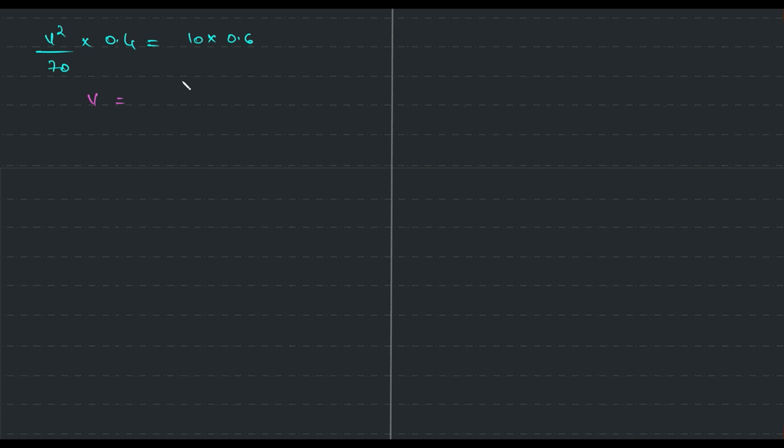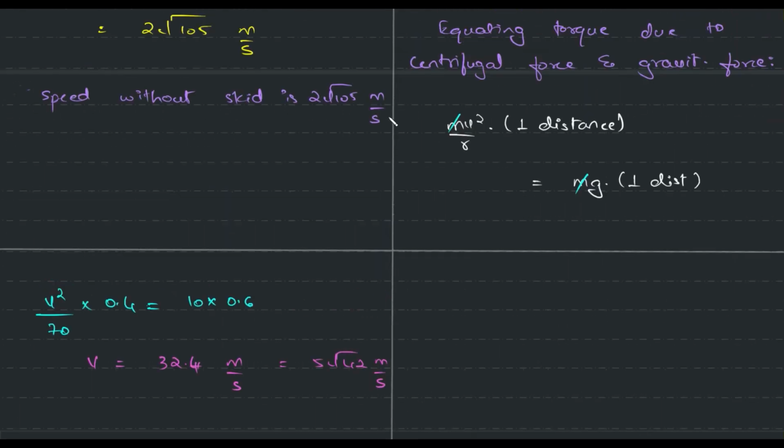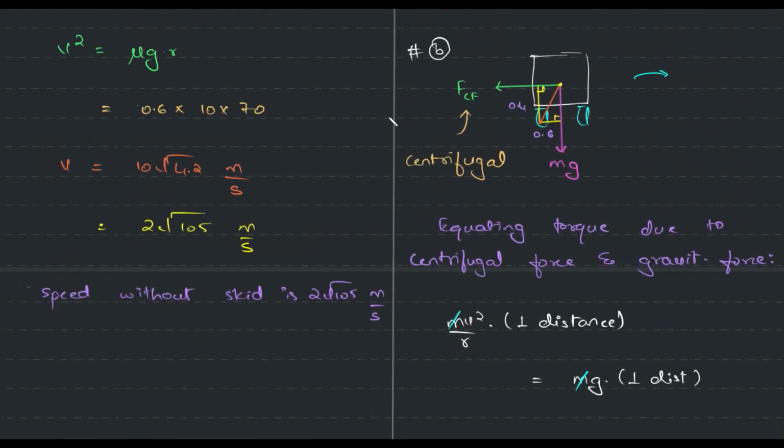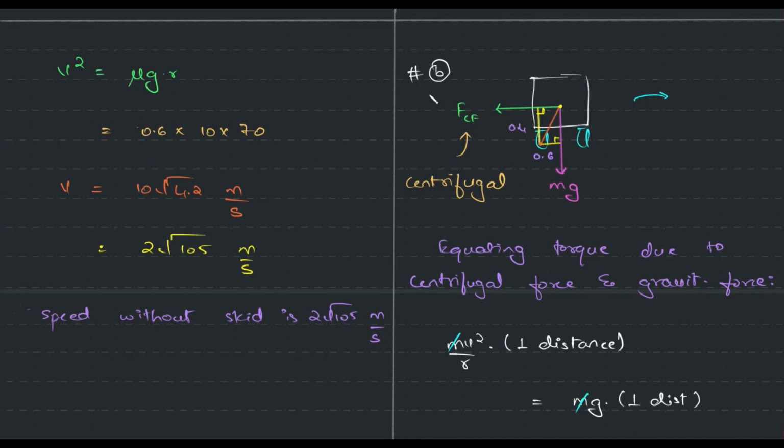So 6 into 70 divided by 0.4, root of 1050, 32 point something meter per second. Of course, without a calculator, it will be 5 root of 42, guys. Okay, let me put it this way.